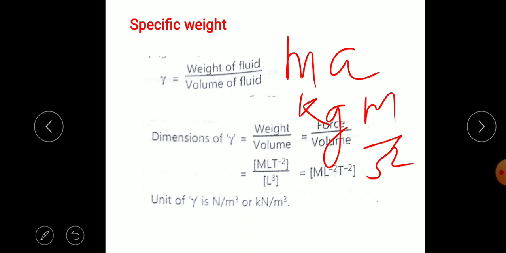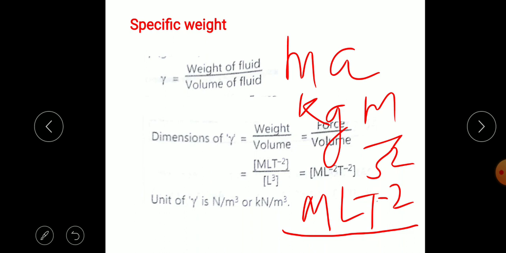So for mass, kg is M, for meter it is L, and for second square in the denominator it is T raised to minus 2. So for force we can put M L T raised to minus 2, using mass into acceleration, kg meter per second square.